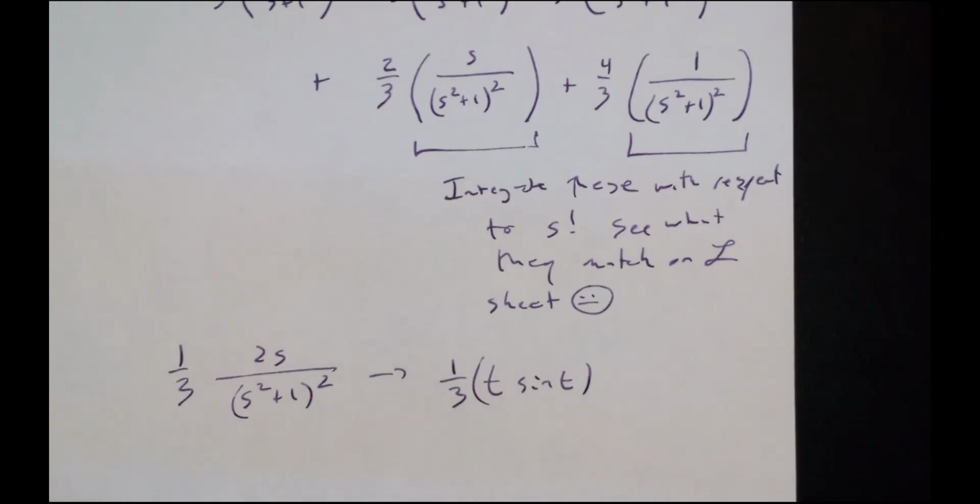It's the other one that's going to be the problem because it's 1 over s squared plus 1 quantity squared. That's going to be the harder one. One over s squared plus 1 squared.